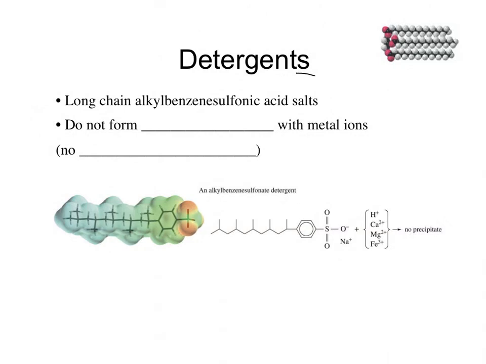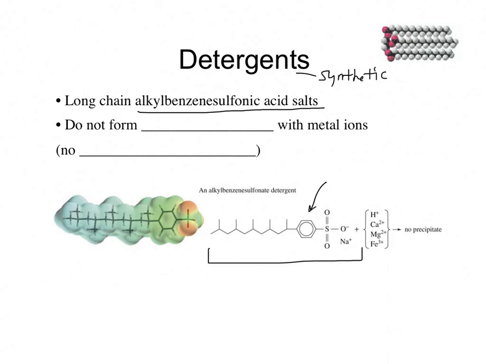Detergents are synthetic. Soaps ultimately have their basis in a biological compound, a fat or an oil. Not detergents, though. They're made in a lab, and they are long-chain alkyl benzene sulfonic acid salts. A picture is worth 1,000 words, so go down to this middle structure right here.